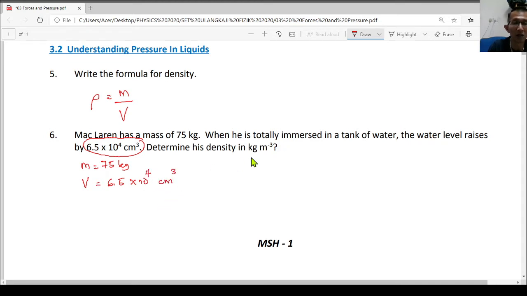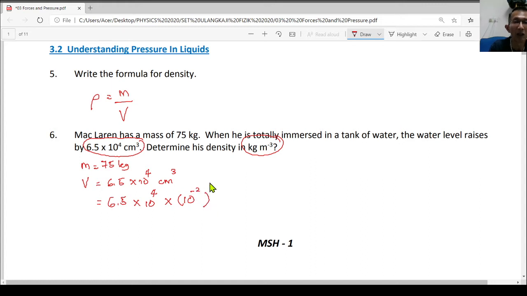Since the question asks us in kilogram per meter cube, we are going to convert our volume into cubic meter. So here I have 6.5 times 10 to the power of 4, times centi which is 10 to the power of negative 2, correct?